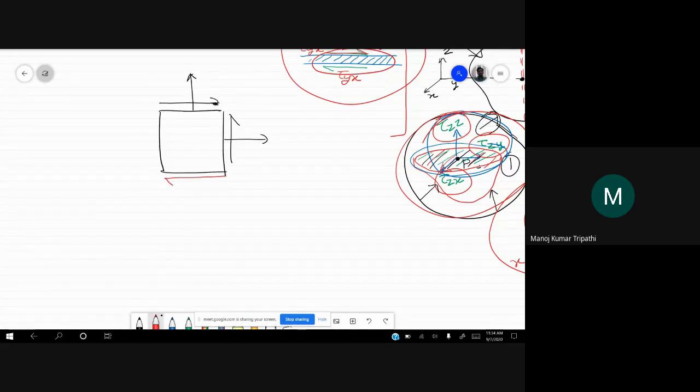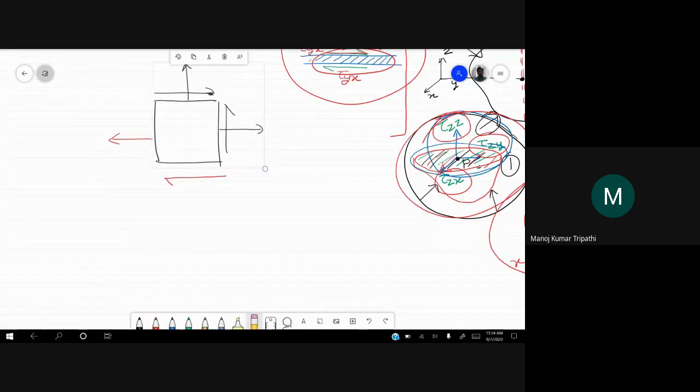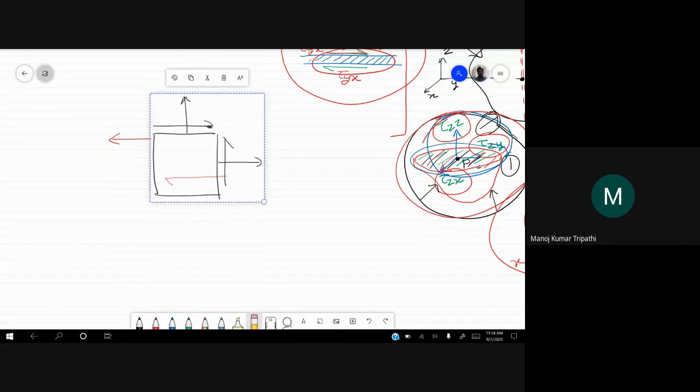Why did we show it like this? So that it is balanced with the other shear stress, right? But why can't it be, let's say, sorry.